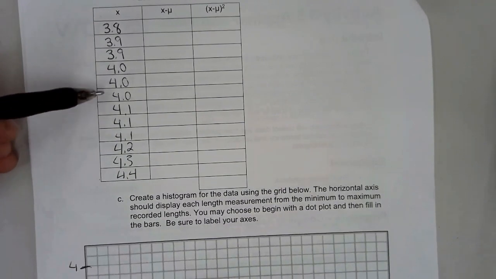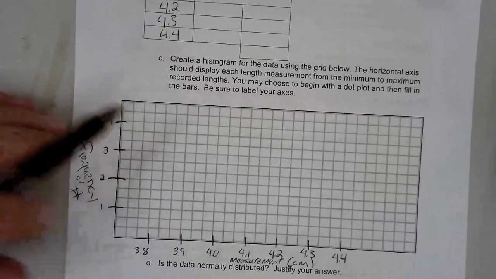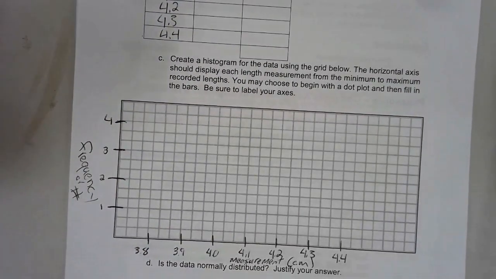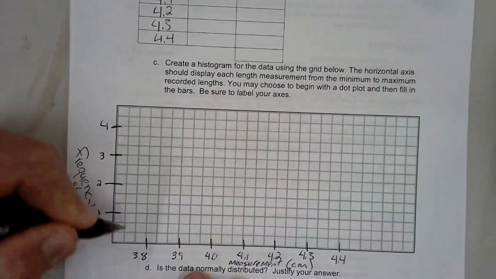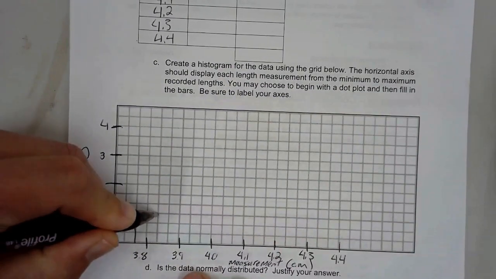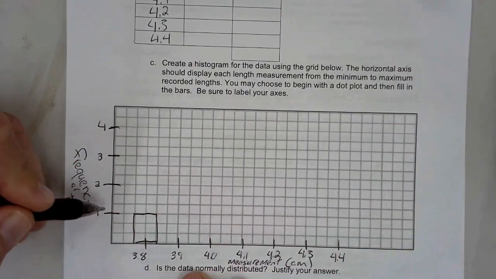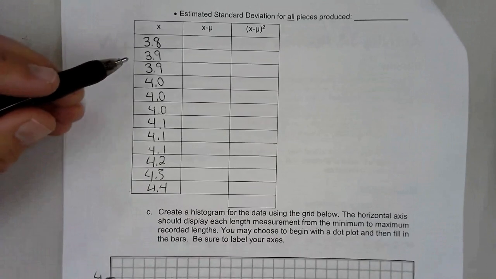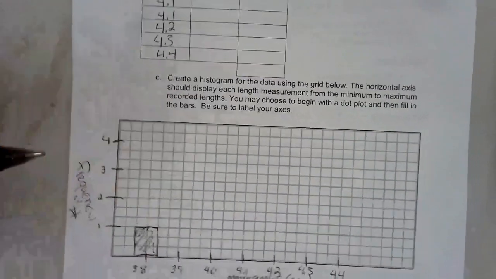My mode actually only has 3 numbers, so I can do that. Now I'm going to make a box. It doesn't necessarily matter the size of the box, but it should go up to 1. So I know I have 1 3.8, so I would go up to 1.